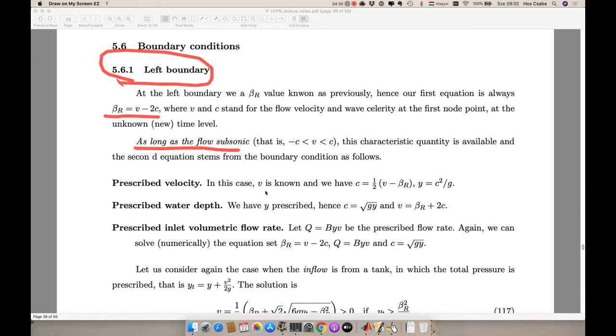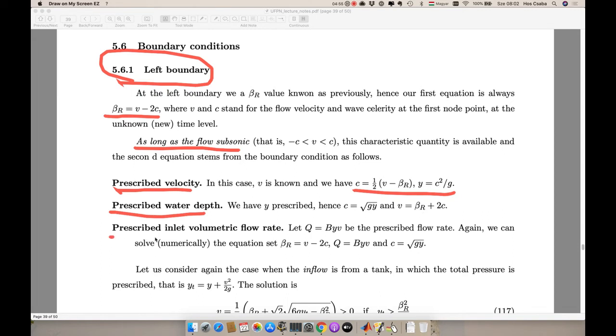So for instance, if I have prescribed velocity, that's very simple, because then v is known, so I can work out the wave celerity, and from the wave celerity I can work out the water depth. If the water depth is fixed, then it's also simple, because I can work out the wave celerity from y, and then I can work out the velocity.